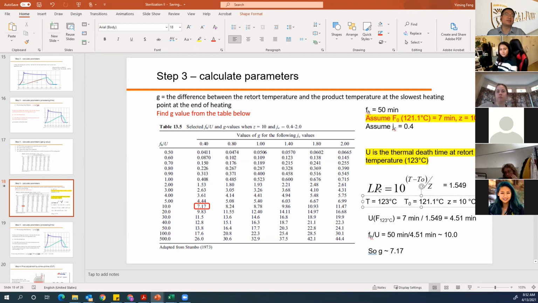First of all, we can calculate the lethality. It's 1.549, and this is the ratio between the killing power of 121 degrees C and 123 degrees C. Based on that ratio, we can calculate the F123.